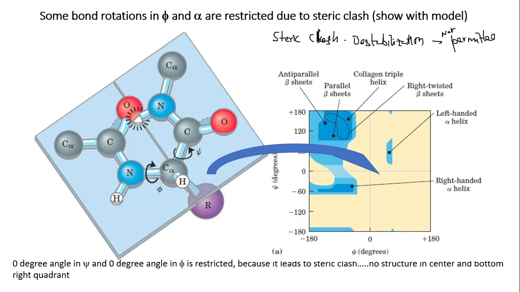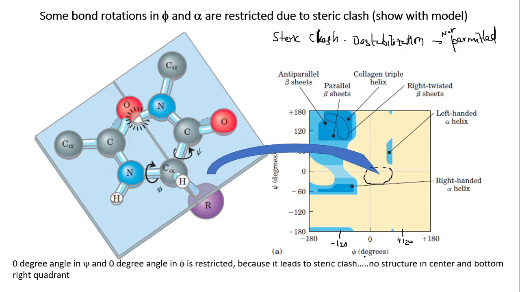In this particular picture, you can see this part here has no structure. Blue means there are some structures, and there is no structure right here. Similarly, when the dihedral angle phi is 0 to minus 80, this is minus 120, this is plus 120.